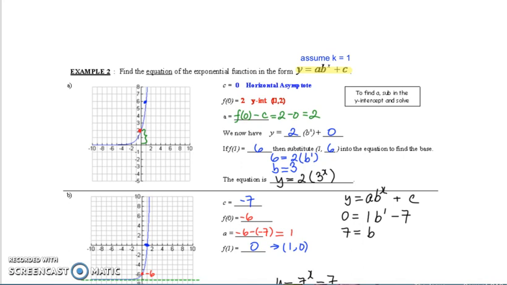As a result, we are not going to look at any types of horizontal transformations when we are examining these graphs, just to make things a little more straightforward.